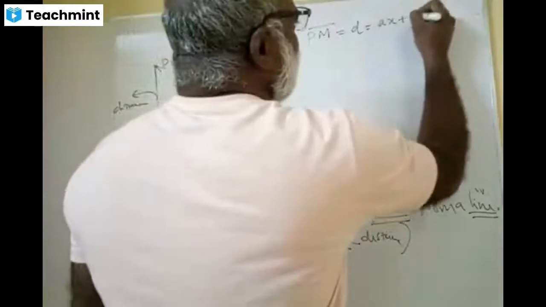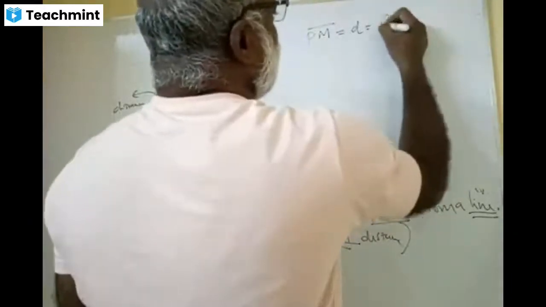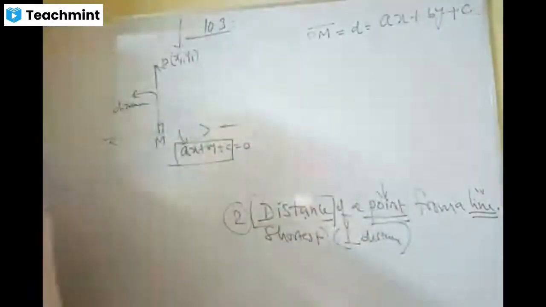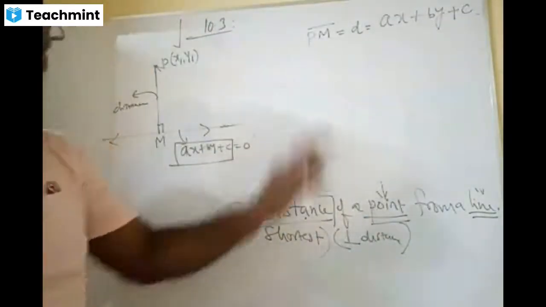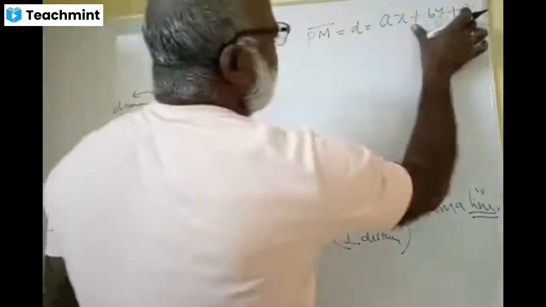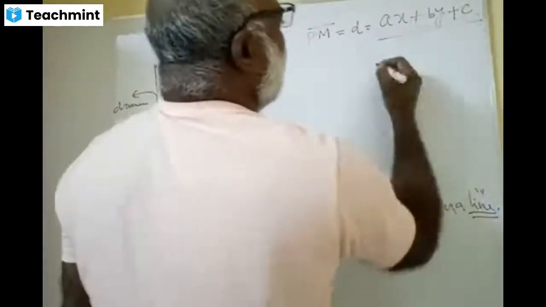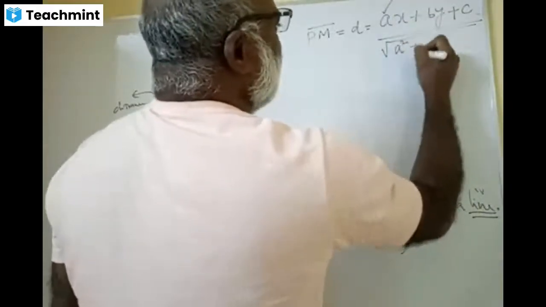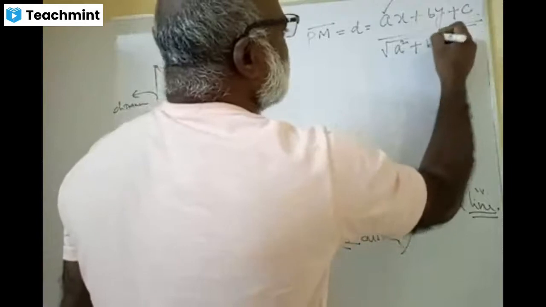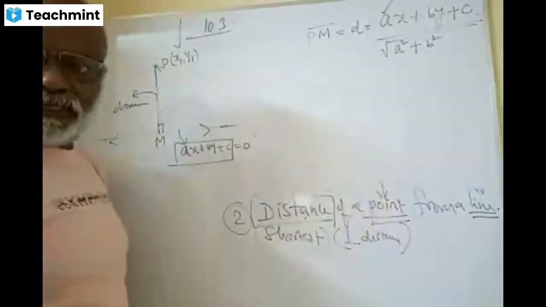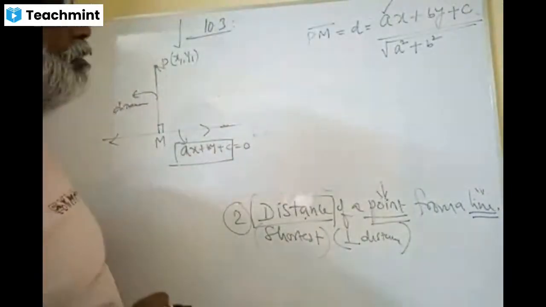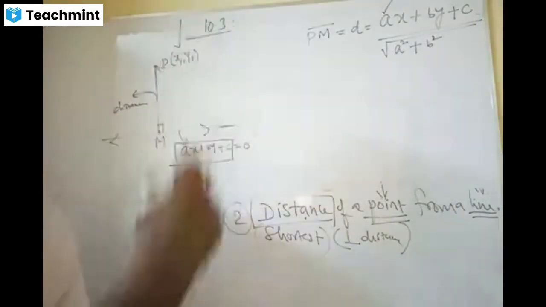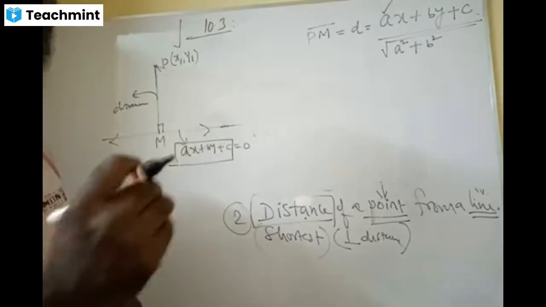I should write bigger. ax plus by plus c, whole divided by root of a squared plus b squared, where the x coefficient is a and the y coefficient is b. This is not the correct formula. I'm just giving you a small way to build it, how to remember the formula for a long time.